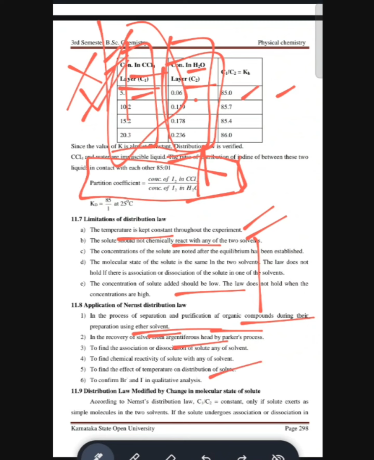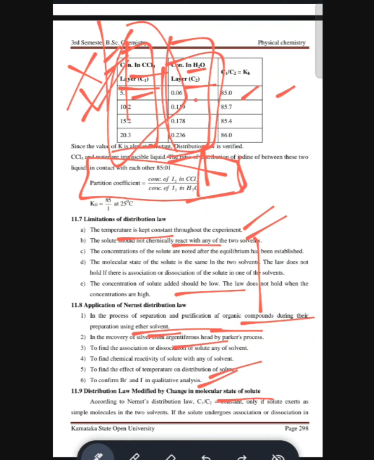So with respect to temperature, it can be identified. To confirm bromine and iodine, qualitative analysis can be used. So the distribution law is modified by change in molecular state of the solute. When the molecular state of the solute is changed, the distribution law is also slightly modified.